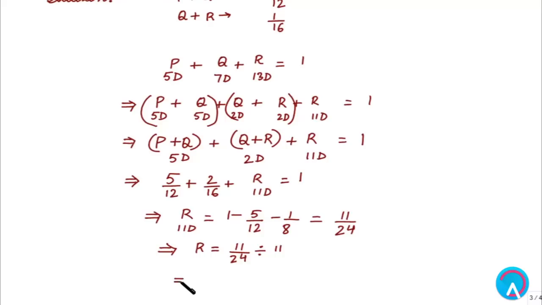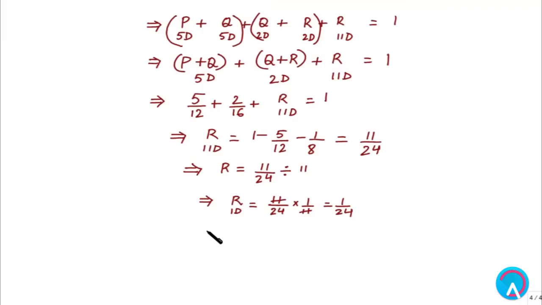So R's 1 day work will be equal to 11 by 24 multiplied by 1 by 11. 11 and 11 get cancelled. So 1 by 24th of the work R finishes in 1 day. This implies that R alone can finish the work in 24 days.